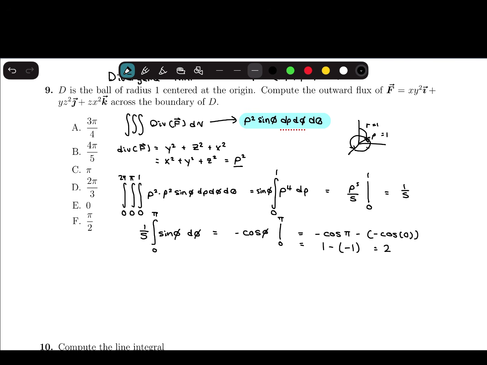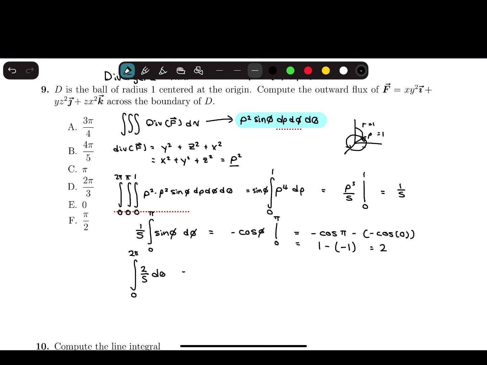Okay, so now we have 2/5. Whew, man, that's a lot. But one final integration. We got to integrate d theta, and theta goes from 0 to 2 pi.